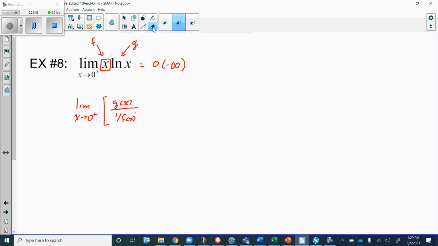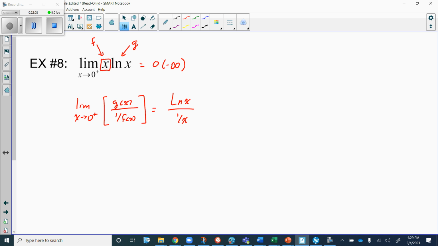And that is what we're going to do to indicate that we're using L'Hopital's rule now. So before I actually do the derivatives, I'm just going to rewrite it. So I have the natural log of x over 1 over x. Okay. Now I'll go ahead and start taking the derivatives.